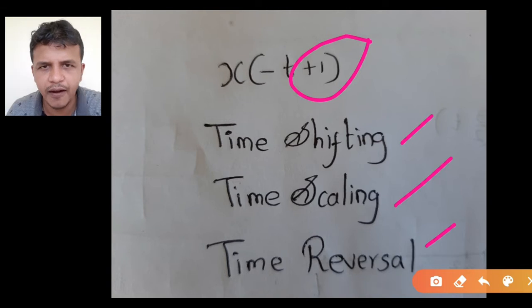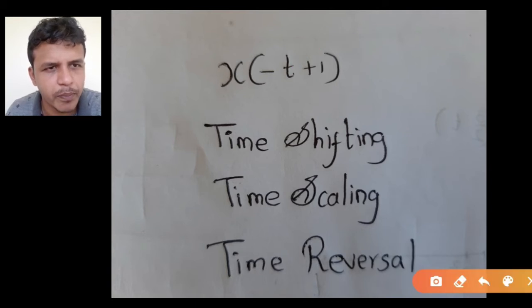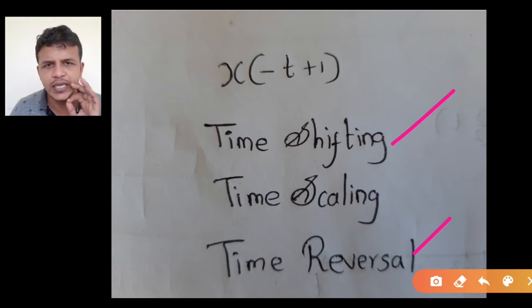If the time is weighted by any value, we perform scaling, and at last we perform time reversal. Here we have only time shifting and time reversal, so we perform time shifting first and then time reversal. Only then will it give the correct result.